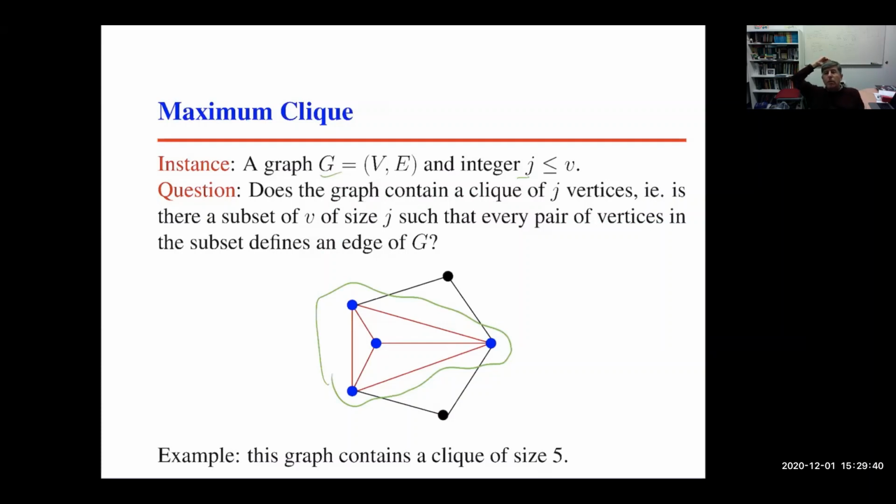Thinking about it in terms of the friendship graph and social cliques, maybe that should be clear what we're looking for. Any questions about what a maximum clique is? People understand what the clique problem is? We're looking for the largest complete subgraph of a graph. Any questions?